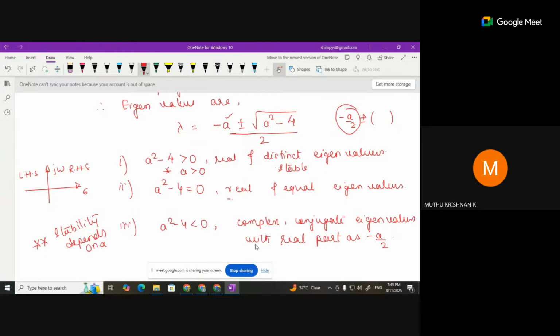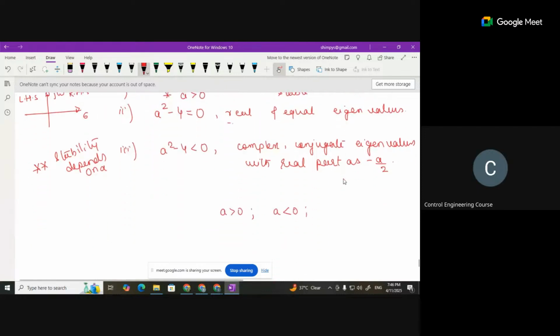I'm telling you for these three cases what the type of eigenvalues will be, and here we are talking about for which values of A my system is going to be stable. Got it?